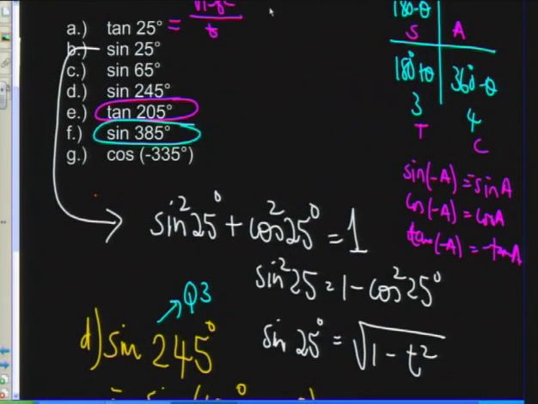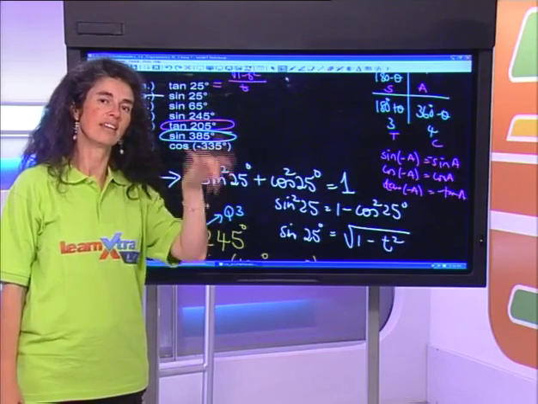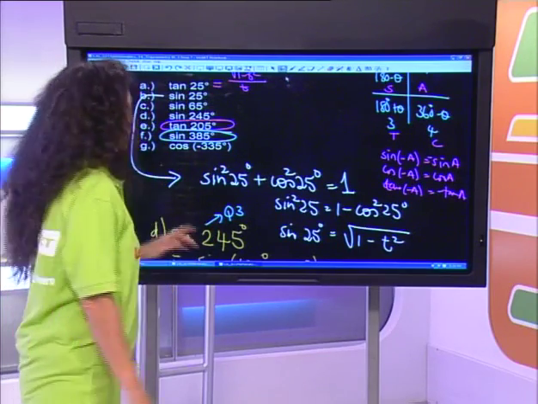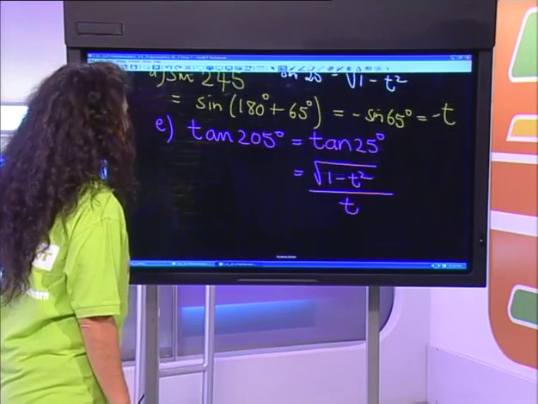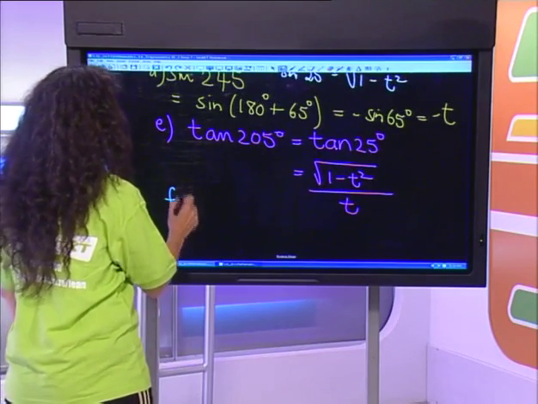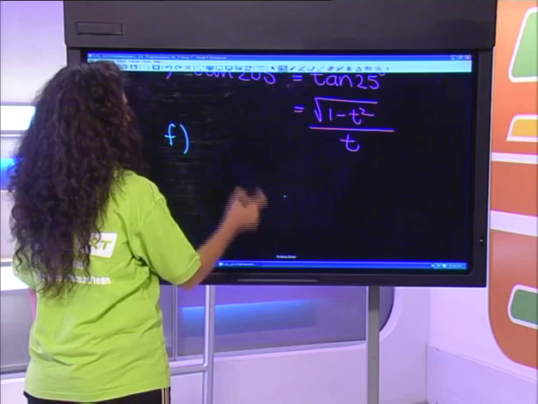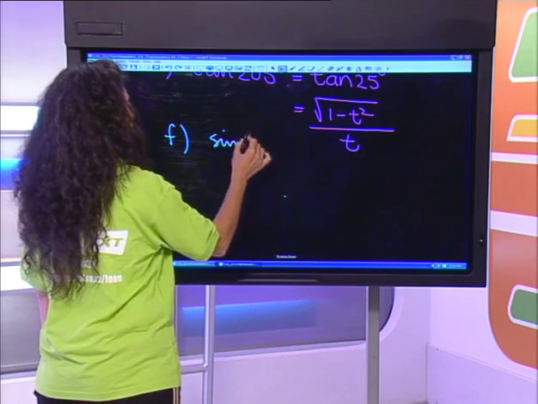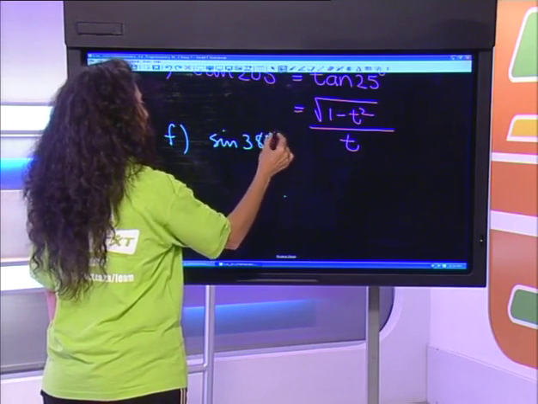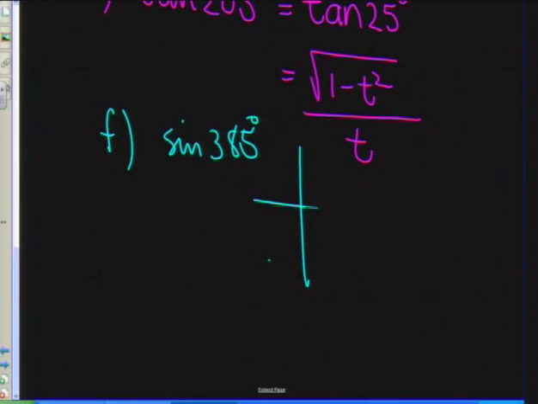Do you agree, 385 is not an angle that is in the four quadrants as such. But if we draw the sketch of the terminal ray for sine of 385, it would do something like this. It would start at 0 degrees, we would rotate all the way to 360, and then we'd have to rotate a little bit more.